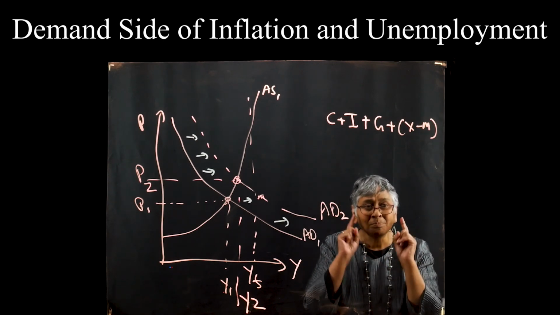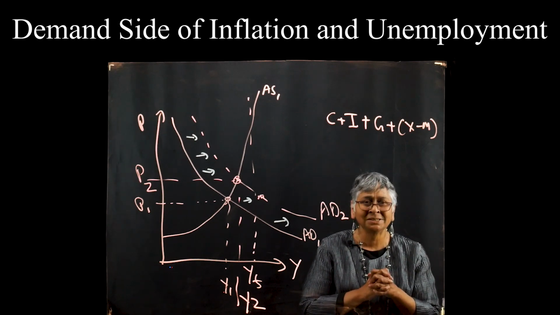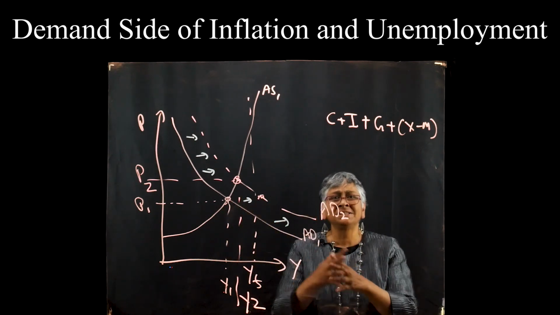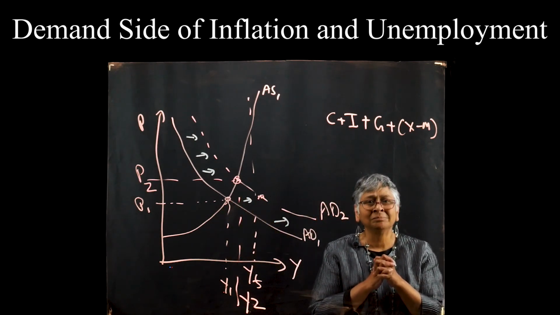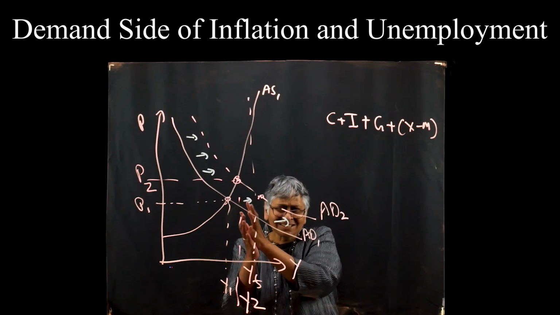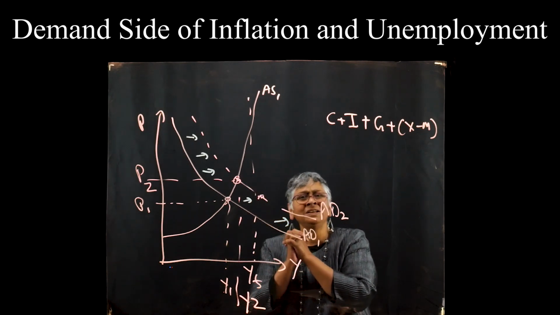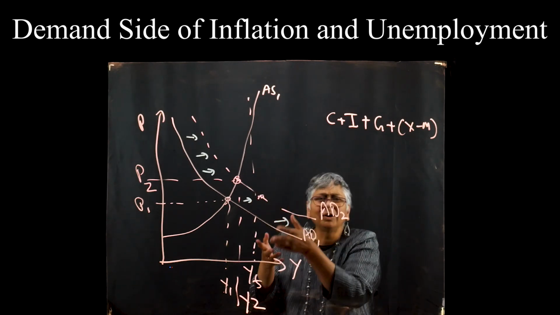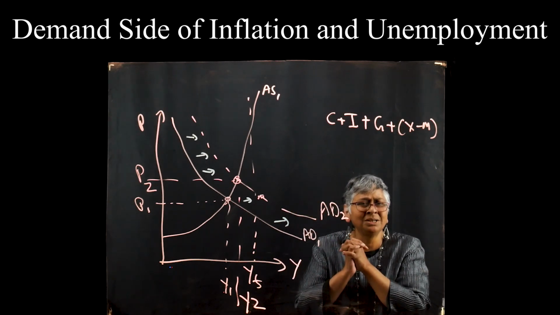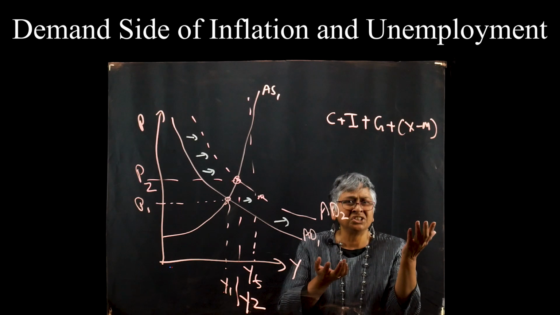But if I am pretty close to full employment, then when the government stimulates the economy, what's going to happen is that I will have some increase in production, some increase in employment, but I'm already pretty close to full employment. If I'm already close to full employment, then people are going to ask for higher wages.